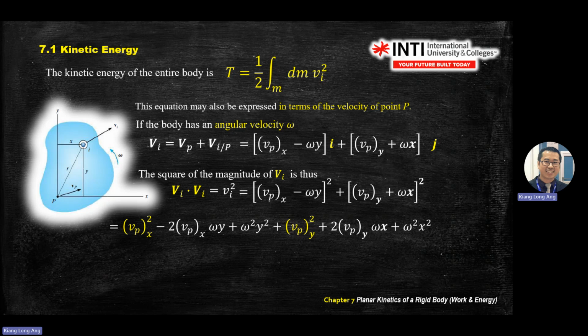Dot and cross are different. It's the difference between vector A cross vector A, and vector A dot vector A, if it's in the same direction. If A cross A, you get 0.